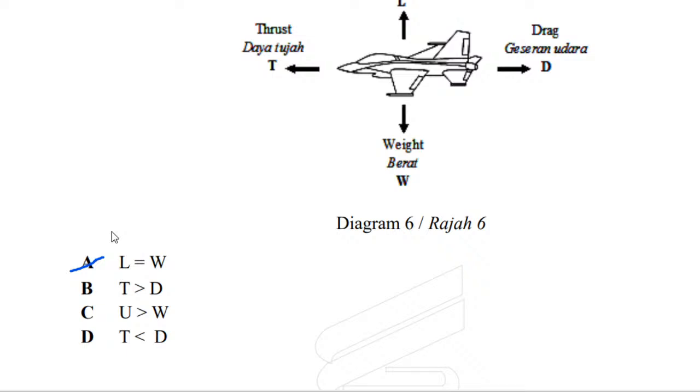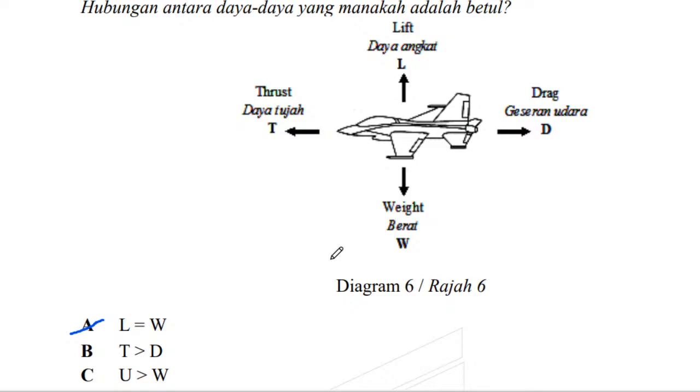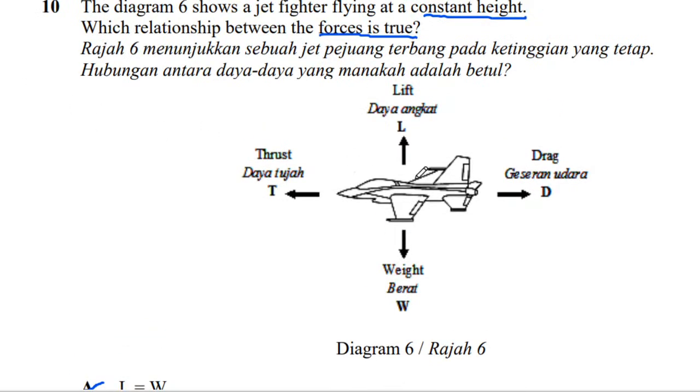Okay. Now, if let's say I give you extra question, let's say, okay, looking at this diagram, if T is the same with D, what type of motion is the jet fighter having?